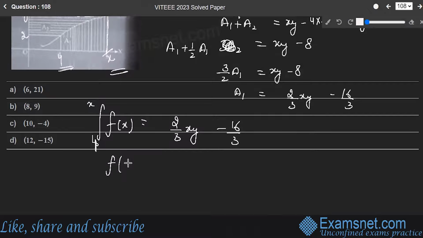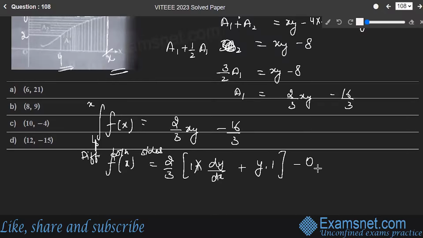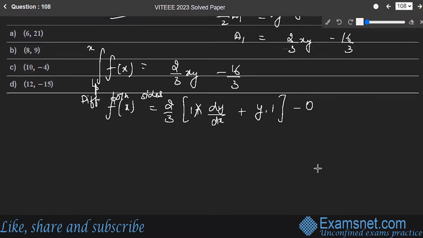So let's find the derivative of both sides. You have f(x) equal to 2 by 3, differentiating both sides: first function times derivative of second, plus second function times derivative of first, minus 0. This gives f(x) equal to 2 by 3, first function was x, so x into dy by dx plus y.